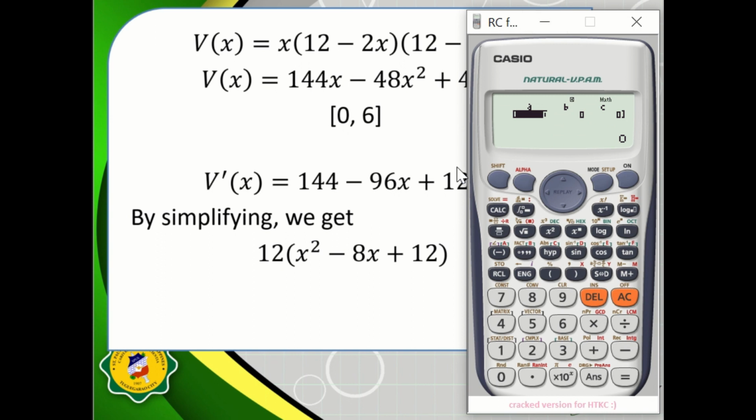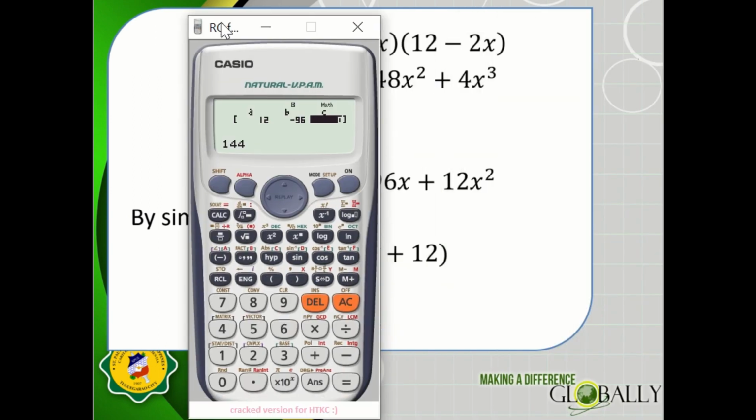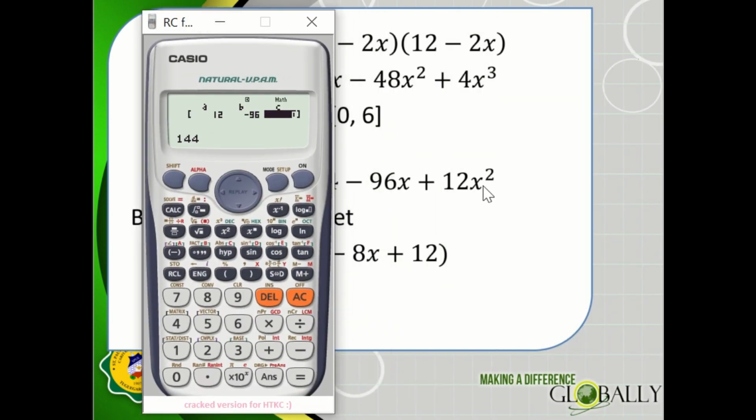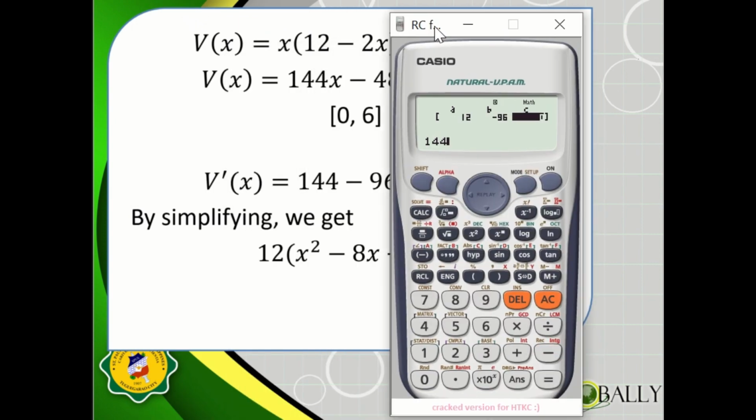Then input 12, equal sign, then negative 96, then 144, following the rule that the term with the highest exponent comes first.